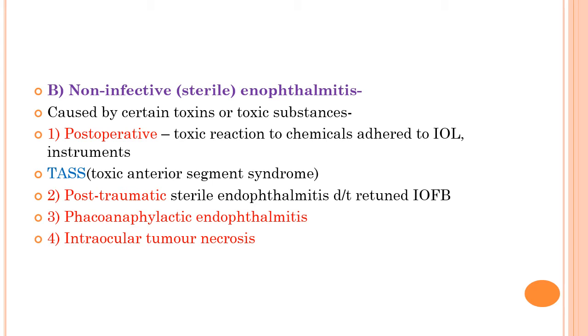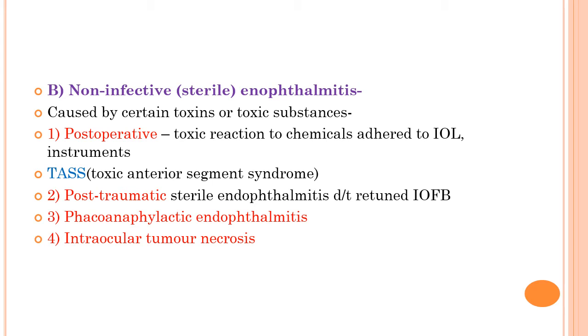These are usually sterilized by ETO or UV radiation. That's why we clean with saline before putting in the lens, so that whatever toxicity is there on the lens should be washed off clearly. Sometimes there can be a reaction to the chemical adhered to the lens or instruments even so.